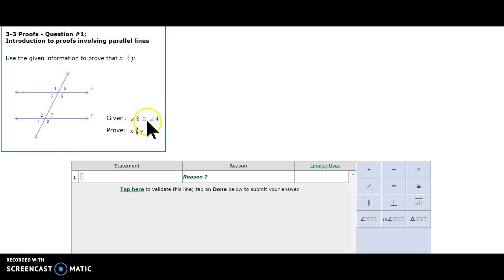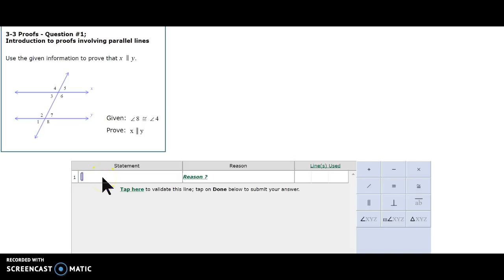That's what that symbol means, congruent, which means the angle measures are the same. So if the alternate exterior angles are congruent, what does that say about the line X and line Y? They would be parallel. In other words, we are using the property alternate exterior angles are congruent to help us to prove that line X and Y are parallel. And that's what I have to type in here.